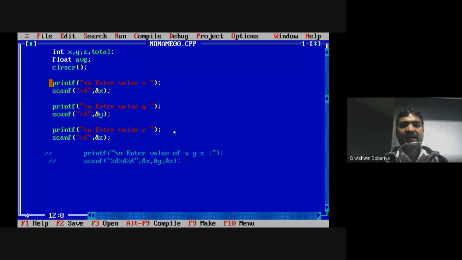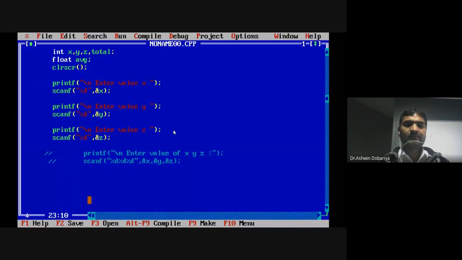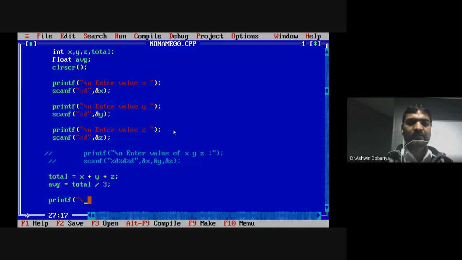Okay, now with the help of this statement, we will take 3 values from the user. Then what I have to do? I have to calculate the total first. Then total is equal to x plus y plus z. Then average. Average is equal to total divided by 3. And then printf. Right now I want to display only the average as per our program, because the program definition says find out average only.